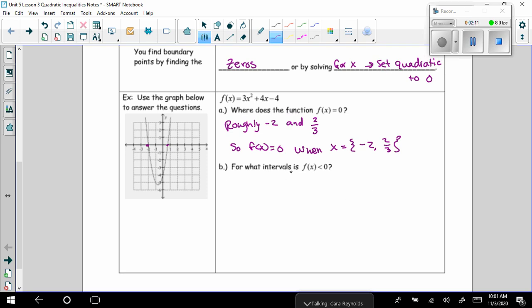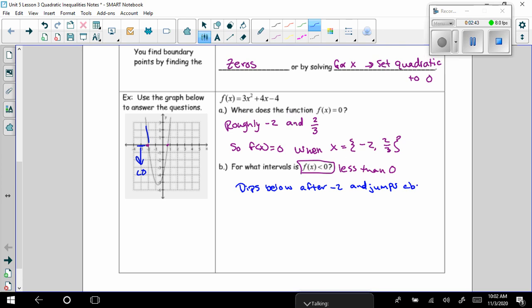So we want to know for what intervals it is then less than 0. If we look at our graph, it dips below the x-axis, and down here is less than 0. It dips below after -2 and jumps back above after the 2/3.